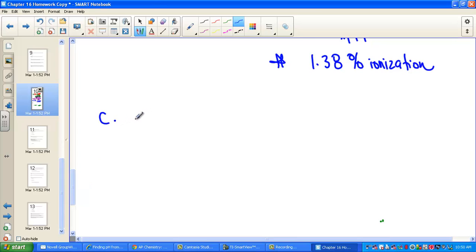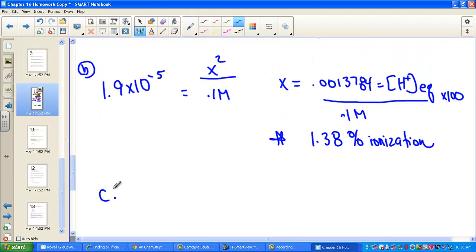Let's finish off the letter C and we'll have our homework completed. Letter C gives us the same Ka, 1.9 times 10 to the negative 5th. X squared, still representing the concentration of both ions, but now we have a much more dilute solution of acid, 0.04 molar of the HA.